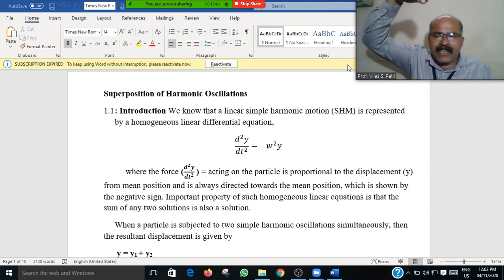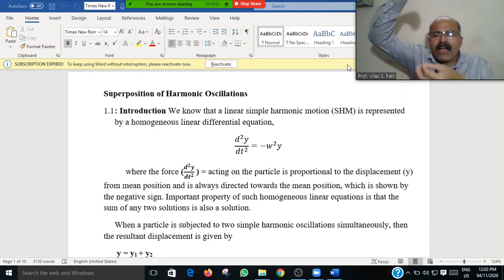Consider a simple pendulum fixed to a rigid support and suspended.